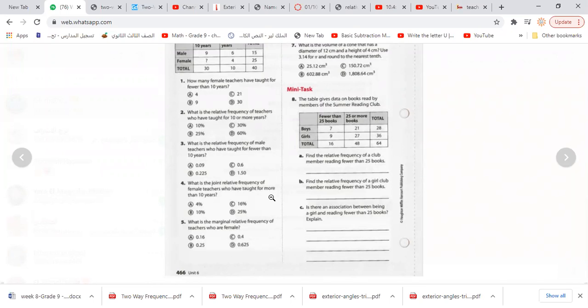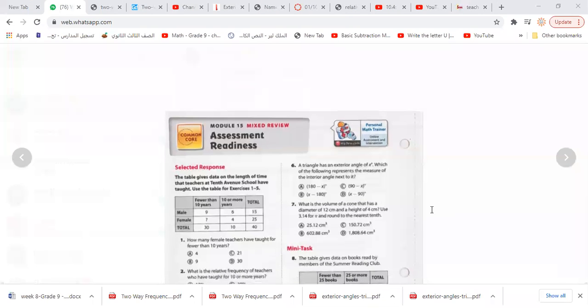Yes, to calculate the relative frequency. 16 over 64 will be how many? 0.25, and then we change it into percent: 0.25 times 100 equals 25%.